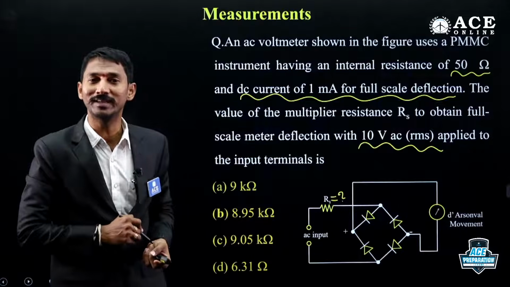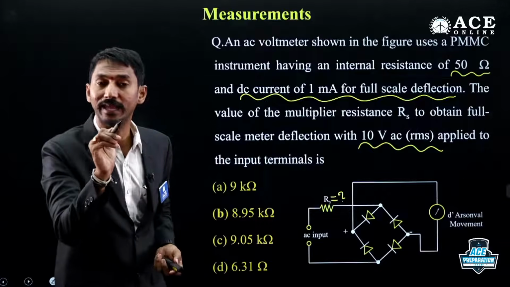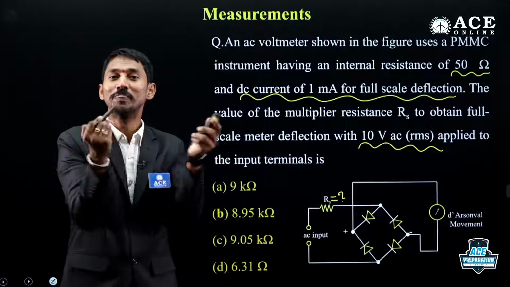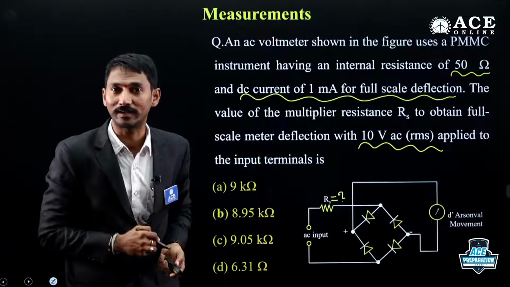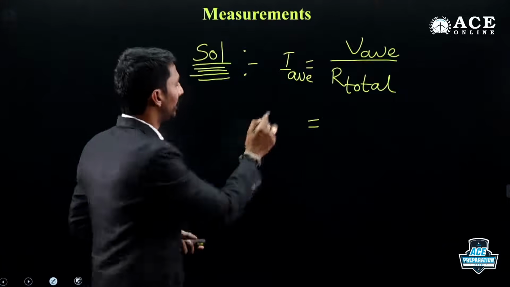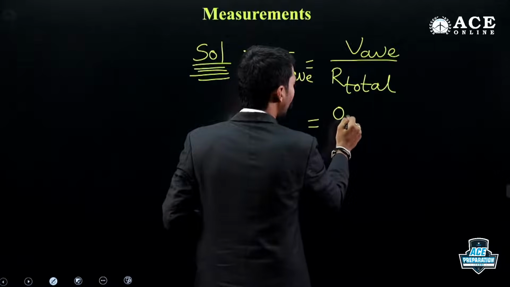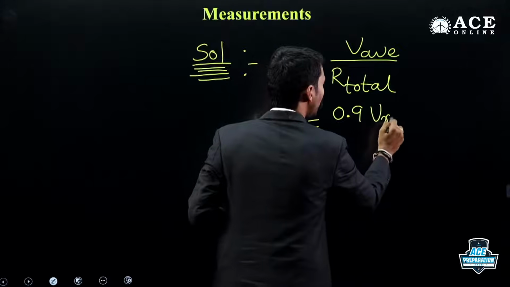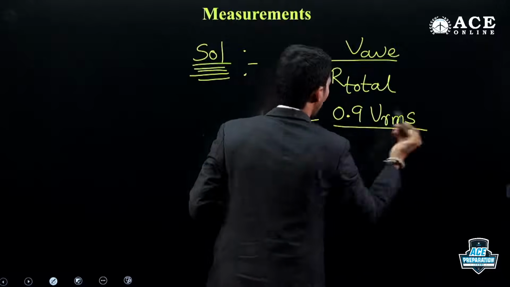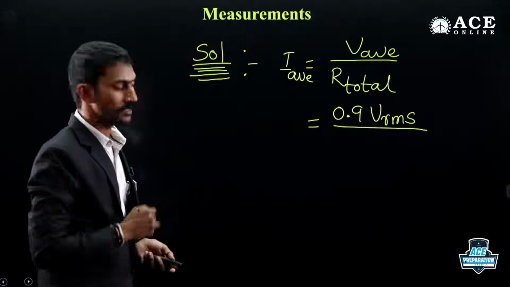RMS to average link is with form factor. If you use that, you will be getting 0.9 times VRMS. 0.9 times VRMS. Okay.